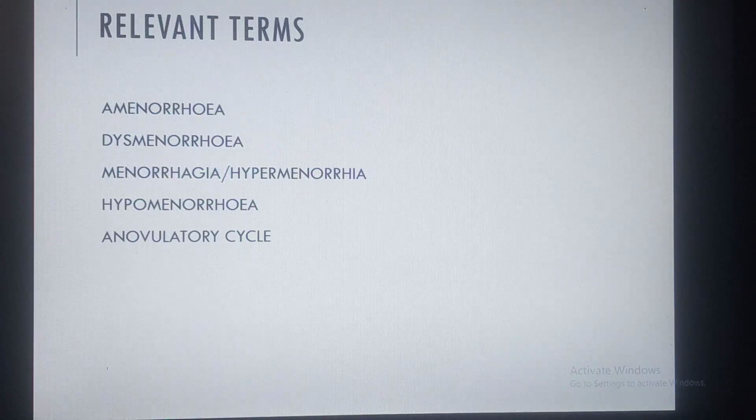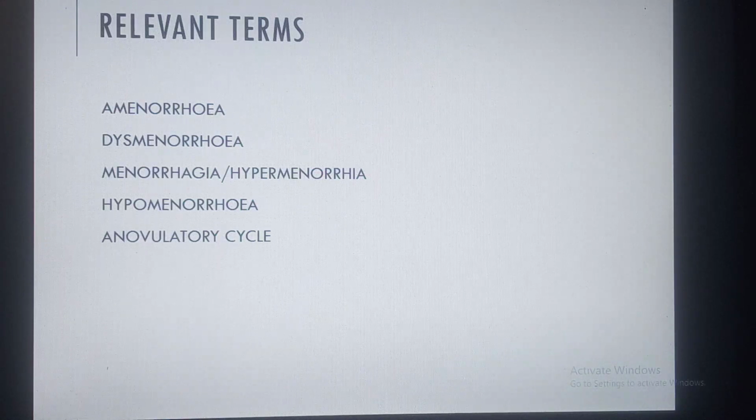Now the other one is known as dysmenorrhea. For dysmenorrhea, that is irregular painful menses. So painful menses will be happening in there. And if someone presents with fibroid or pelvic inflammatory disease, there could be some kind of dysmenorrhea. Then we can also have what you call menorrhagia or hypermenorrhea, and this one has to do with excessive monthly bleeding.